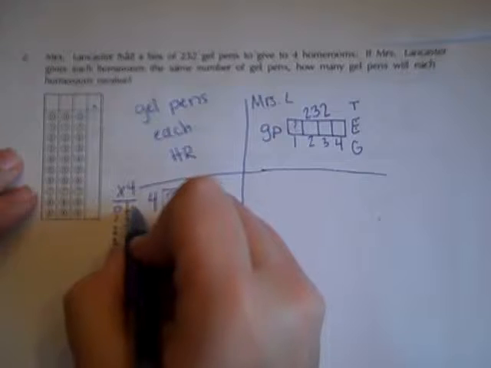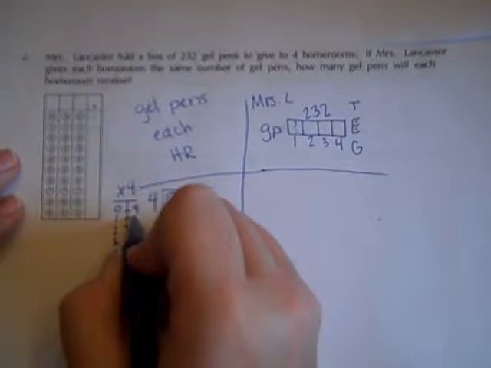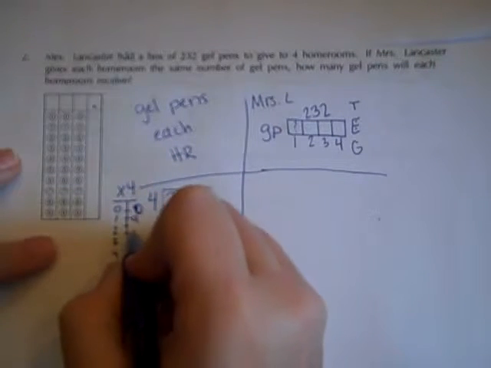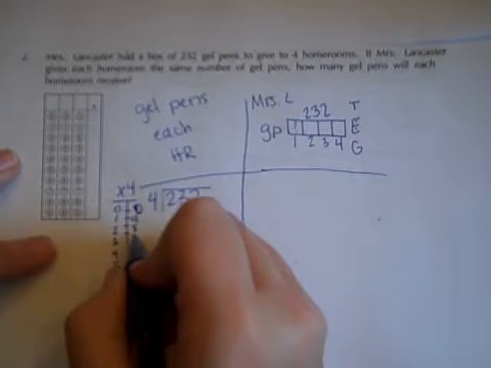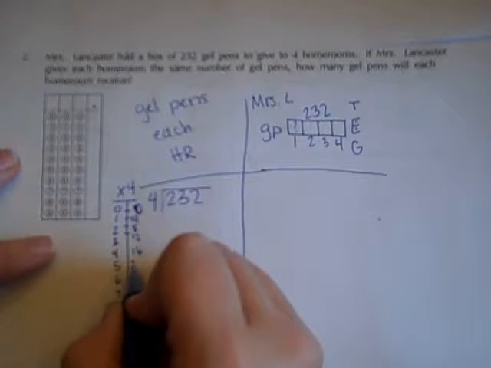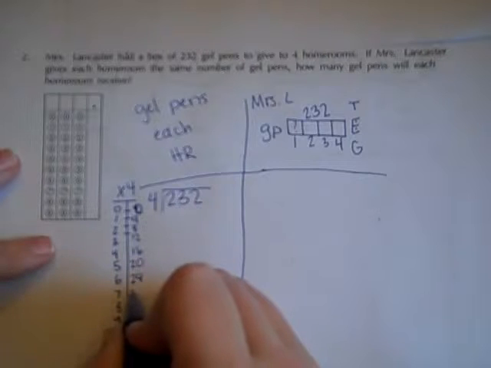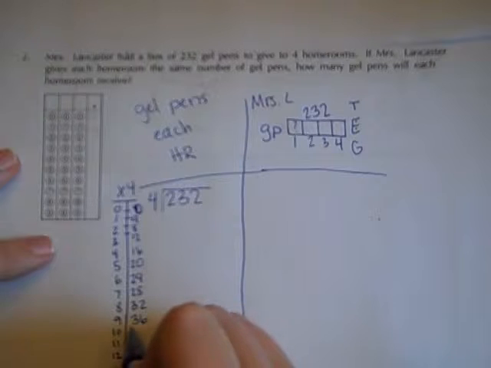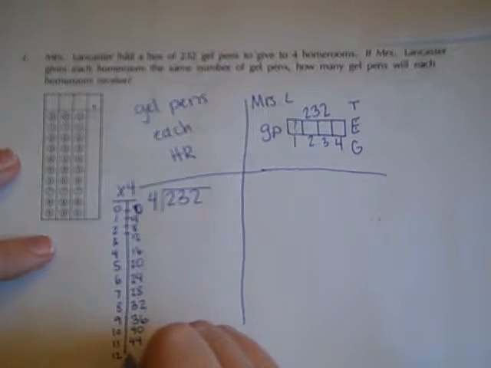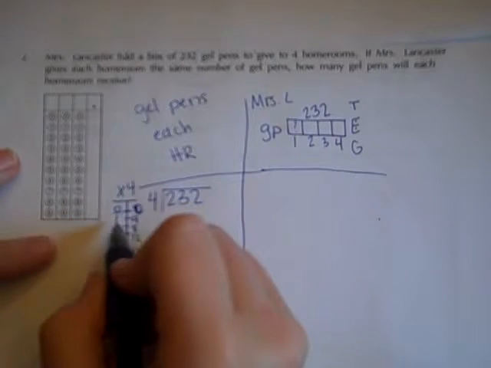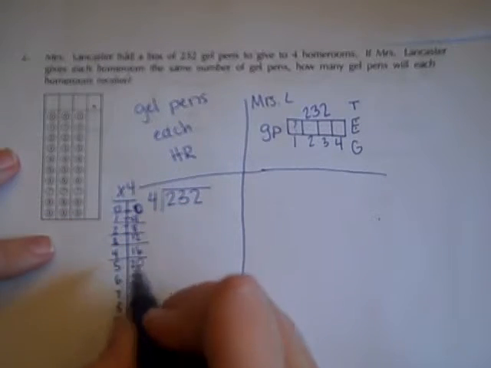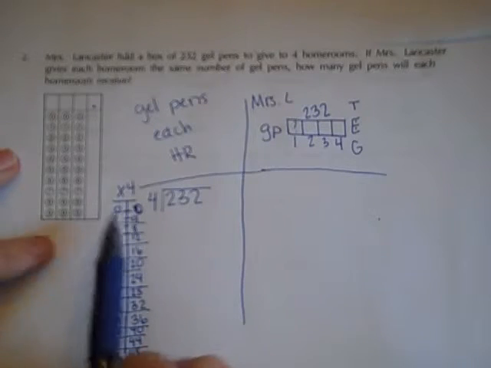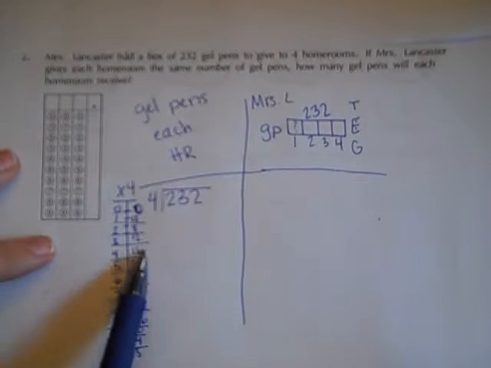So 0 times 4 is 0. 1 times 4 is 4. 2 times 4 is 8. 12, 16, 20, 24, 28, 32, 36, 40, 44, 48. Now remember, you need to have those lined up so that they're directly across from each other, or else if you get too messy, this won't help you at all. I've got to make sure that they're next to each other.